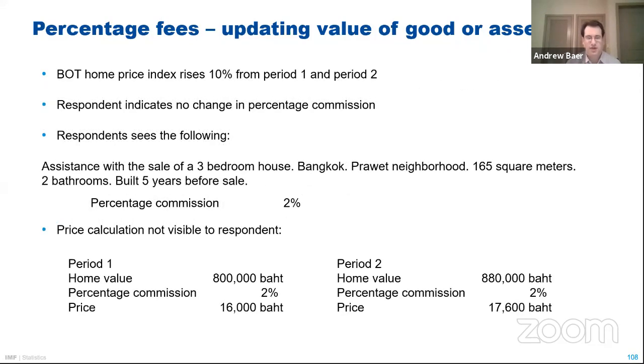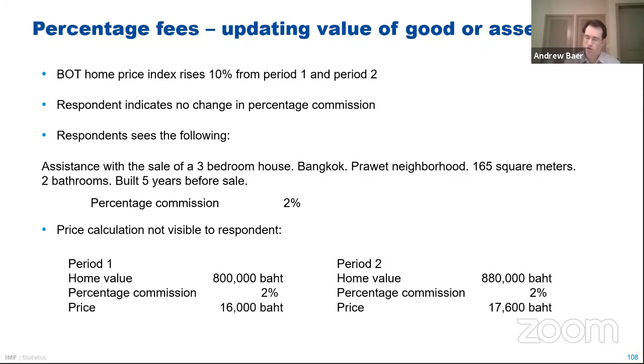Okay, so here's an example of how that would look. Let's say the central bank has a home price index that rises 10% from period 1 to period 2. There's no change in the percentage commission, which is very common. They don't really change a lot. So all the respondent would see is percentage commission, they'll mark no change.